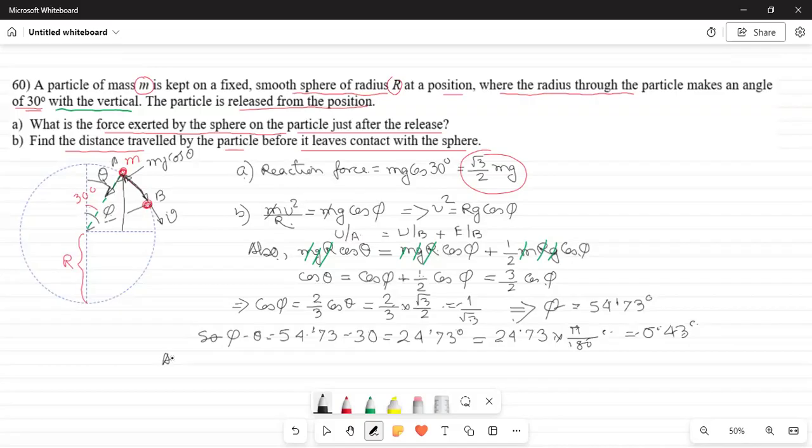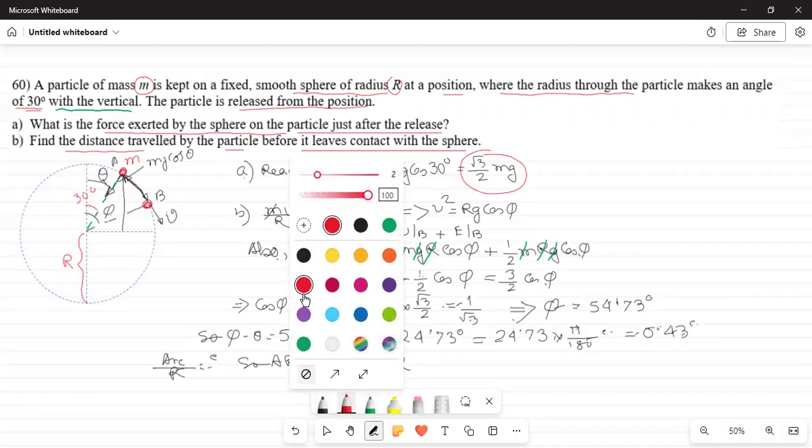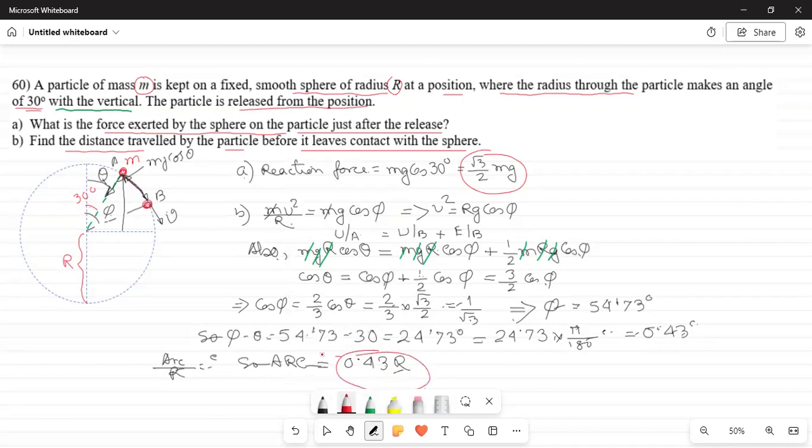We know arc by radius equals the angle in radians. So the arc or distance traveled is equal to 0.43 R. So this distance traveled from here to here is 0.43 R. That is the answer. And we shall go to the next question and try to solve this.